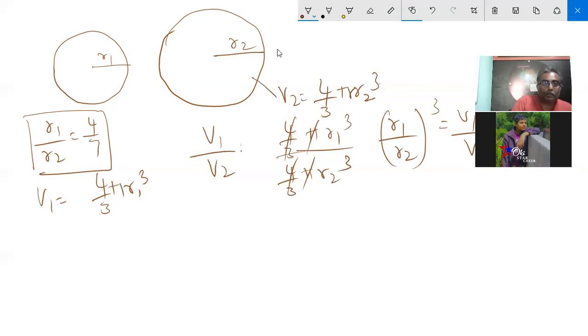Okay, but what is R1 by R2? So volume 1 by volume 2 is equal to this one. What is R1 by R2? The radius. R1 by R2, how much?